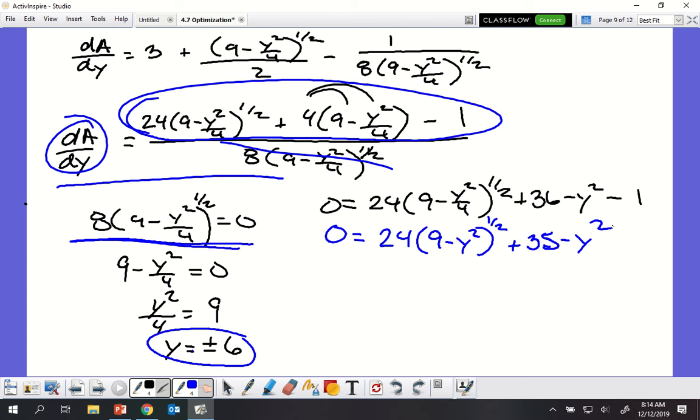Okay, so we got to try and figure out how to get this. So we're trying to solve for it now, right? So let's take a look. I'm going to have to try and factor it out somehow.